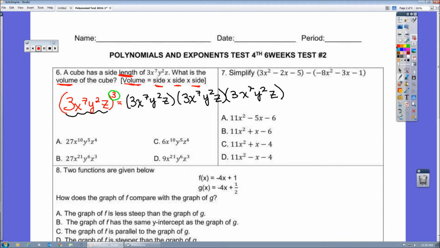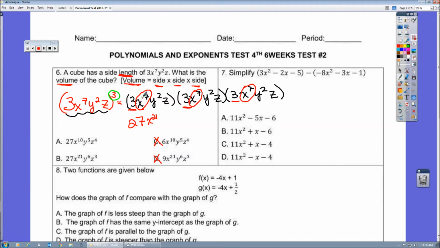So now start with your numbers. 3 times 3 is 9 times another 3 is 27. Now remember our rule for multiplying with exponents. If we're multiplying, we're actually going to add the exponents together. So 7 plus 7 plus 7, that's 21 x's.